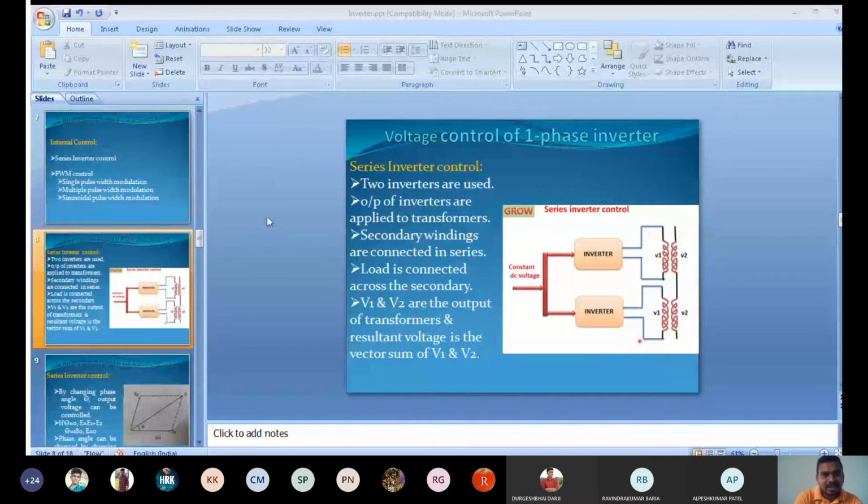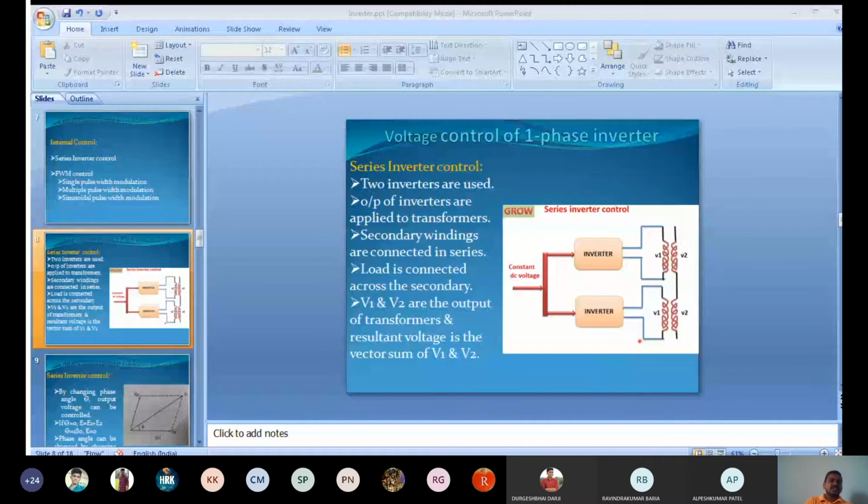In this half cycle we have generated more than one pulse. Here are the pulses generated. So in one half cycle we have generated more than one pulse. That's why this method is known as multiple pulse width modulation.